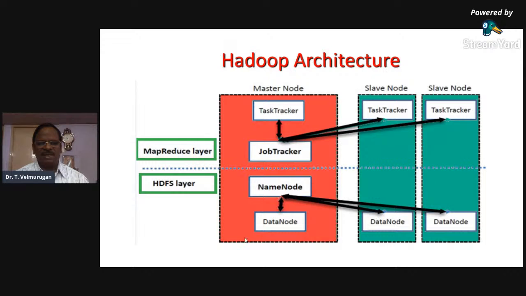The name node produces commands and the data node executes them. Only one name node is available. There are many data nodes available in the HDFS layer.